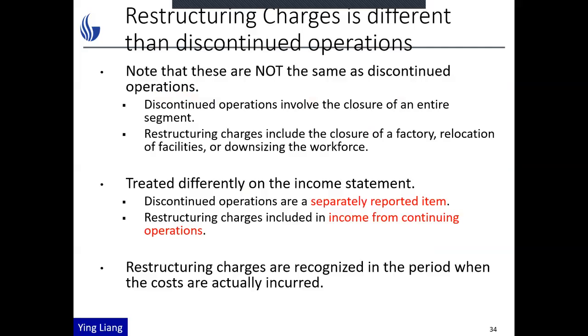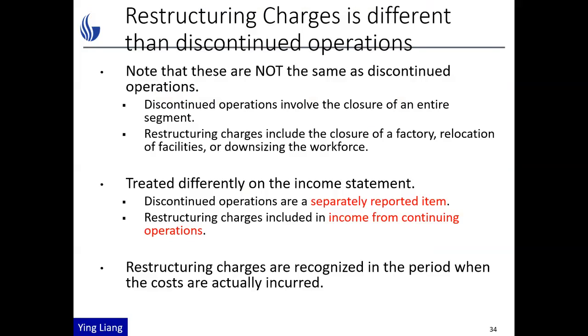Now, restructuring charges. This is another concept, and you actually will see it quite often. This is actually very different from discontinued operations. Number one, note that these are not the same because discontinued operations involves the closure of an entire segment. So it's like a big business line is closed.